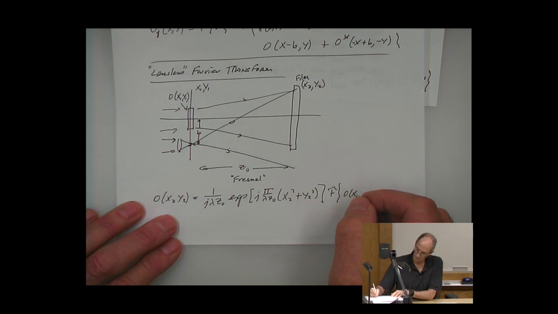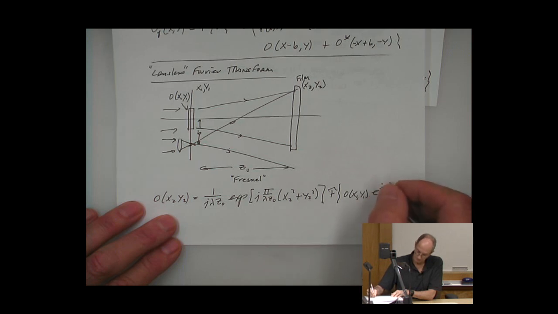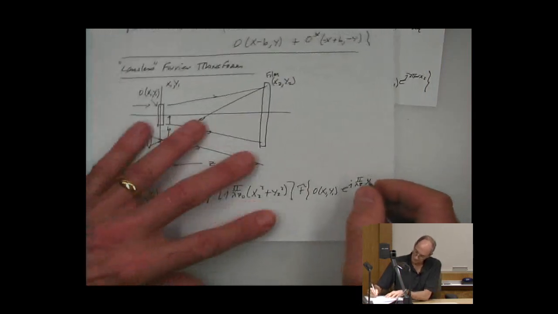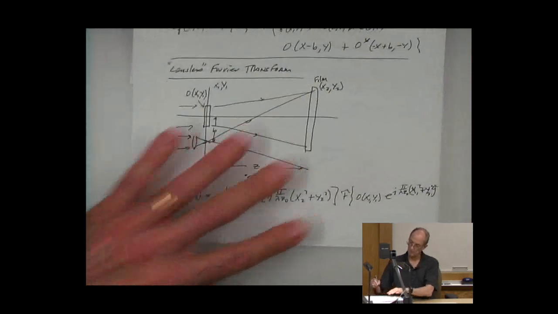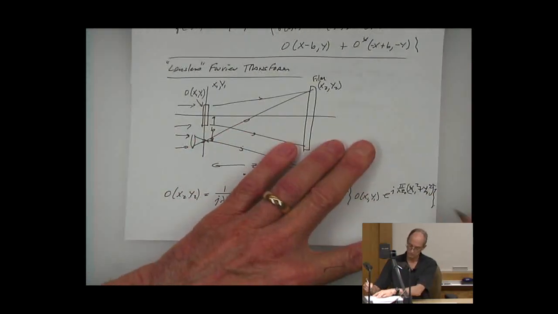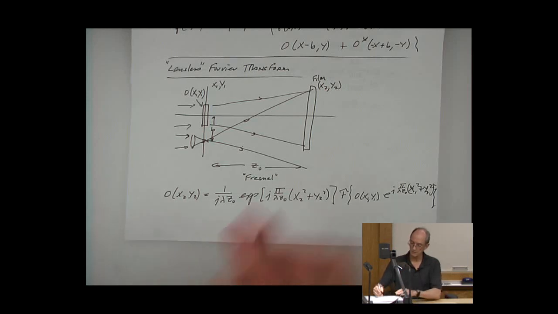So we have O of x1, y1 times e to the j pi over lambda z0 times x1 squared plus y1 squared. Okay, and close like that.